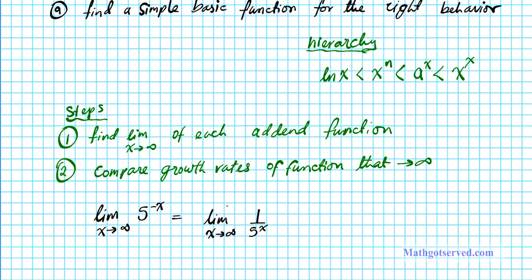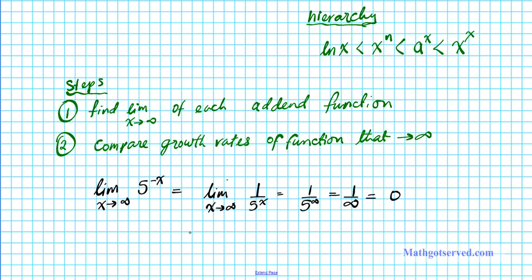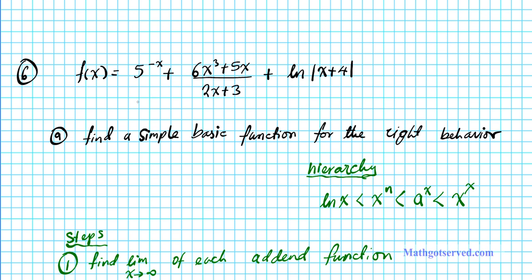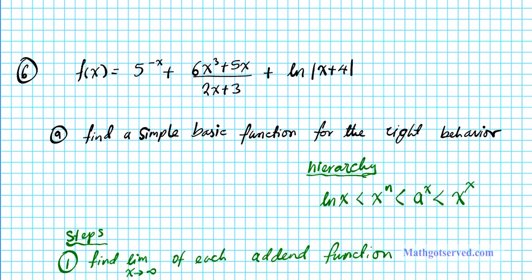If we carry out the substitution, we have 1 over 5 to the infinity, which is 1 over infinity, and that is equal to 0. So this one actually approaches 0, so it's of no consequence. We're going to ignore that.